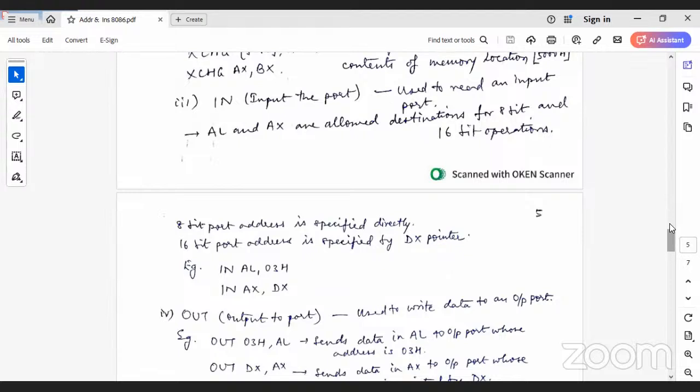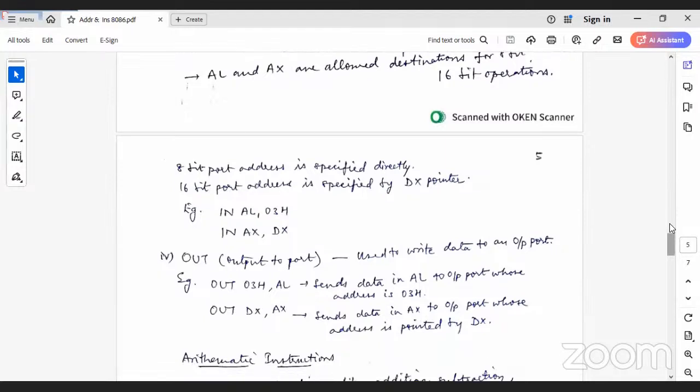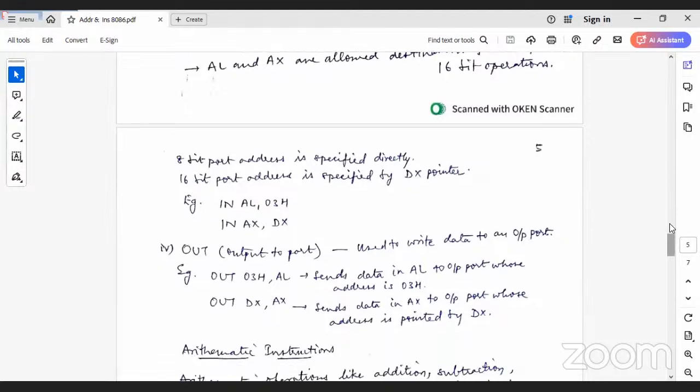Now again the same for output to the port. It is used to write data to an output port. So we have to give the port address. Output devices can be a monitor, or a printer, or a fax machine. On the fax machine also a print will come out, a paper. So these are all output ports. To which port it should go, that port will have an address.